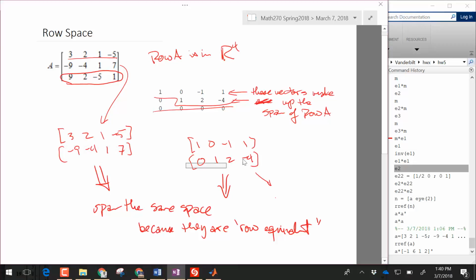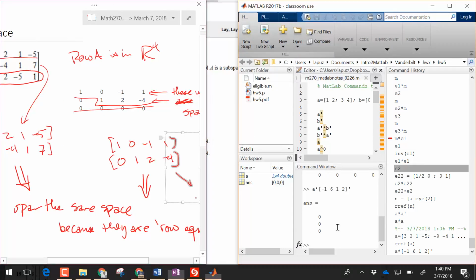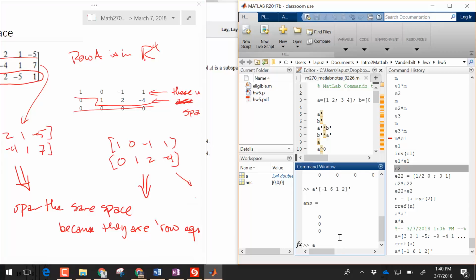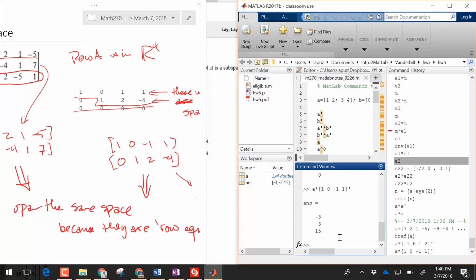If you take A times 1, 0, minus 1, 1, and then the vector minus 1, 4, 0, 1.